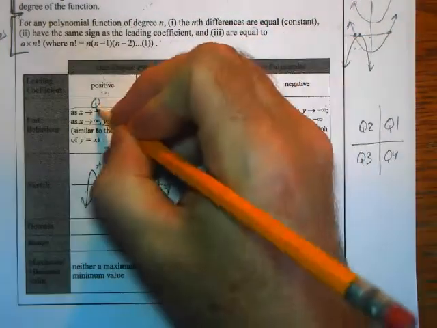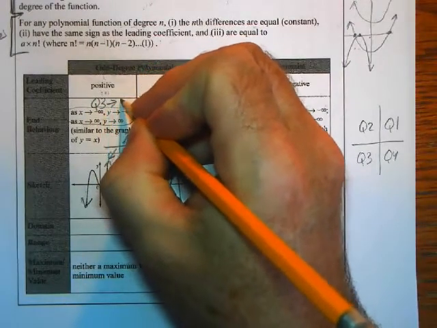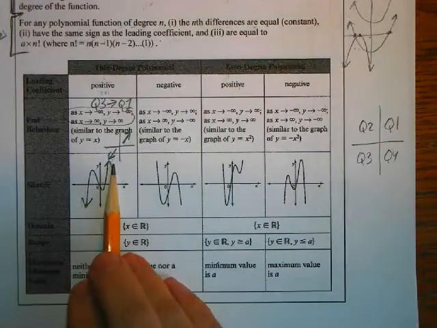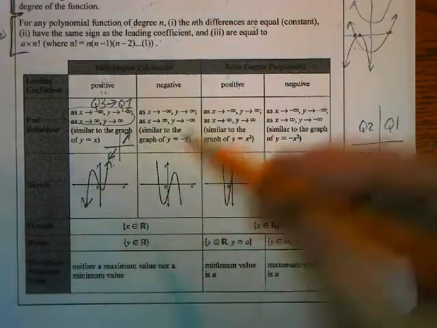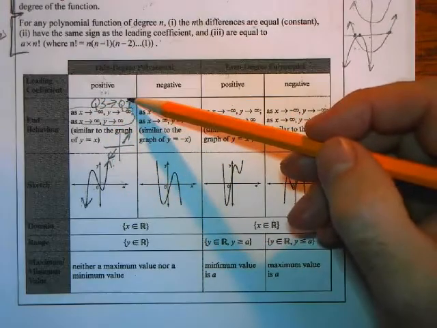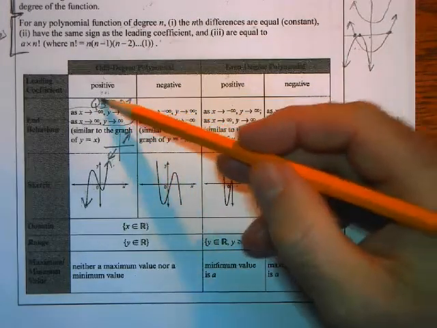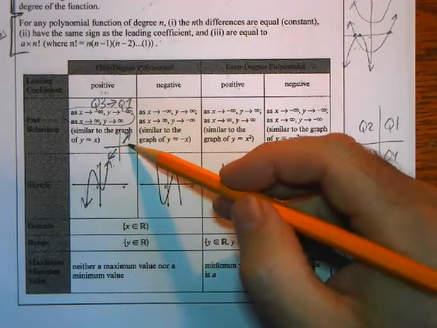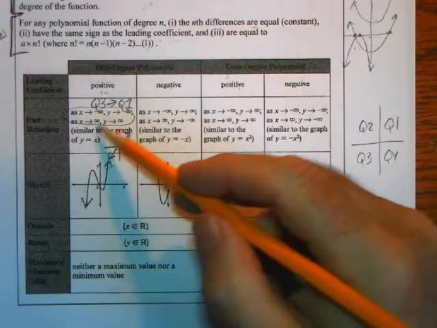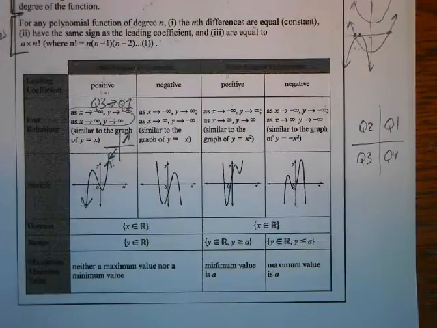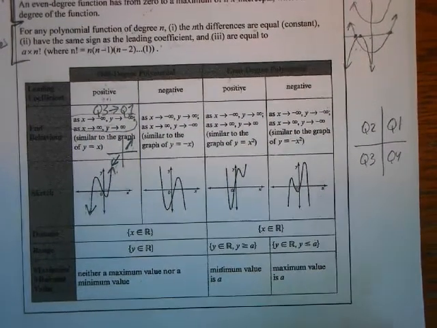That's how I would describe the end behavior: quadrant 3 to quadrant 1. Starts here, ends here. You can use any of these 3: the quadrant methodology, the arrows, or as x approaches negative infinity, as x approaches positive infinity. Whichever one you like the best is acceptable for me.